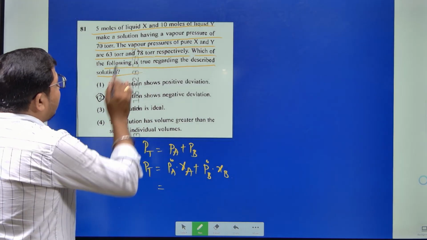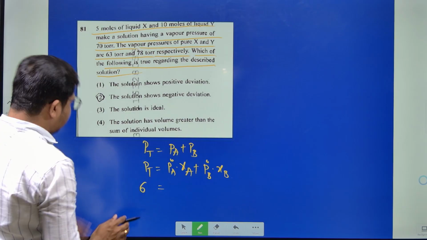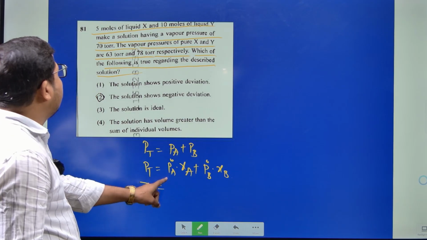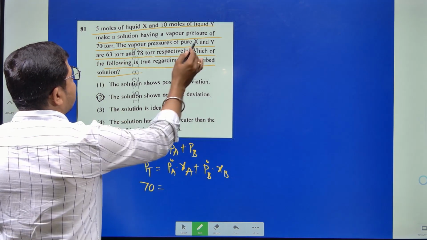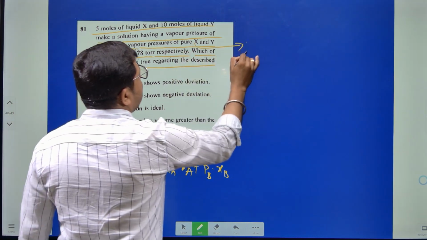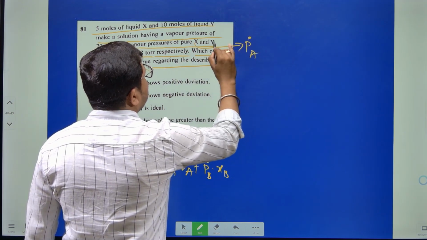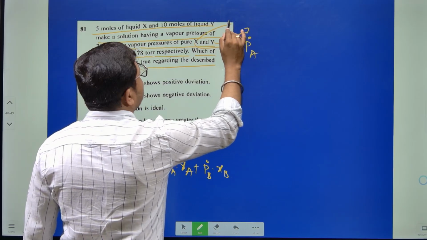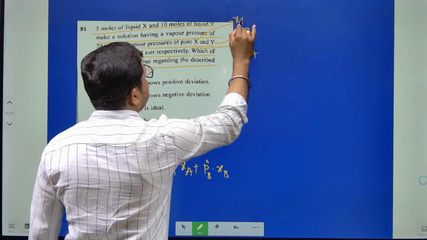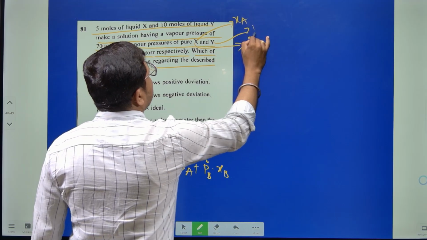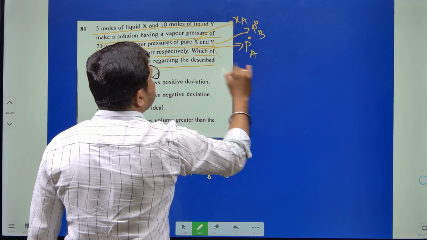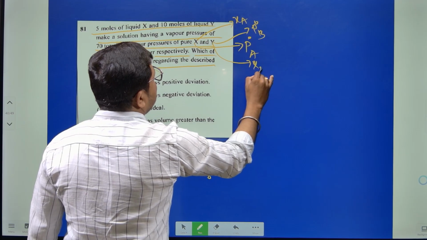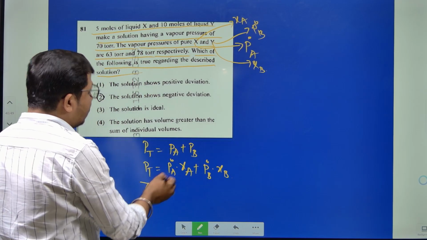So PT they have given is 70 torr, and P naught A is for X, and P naught B is for Y, with XA and XB being the mole fractions. Therefore, we will substitute the values.